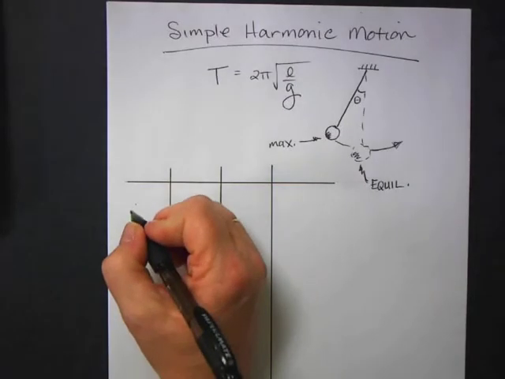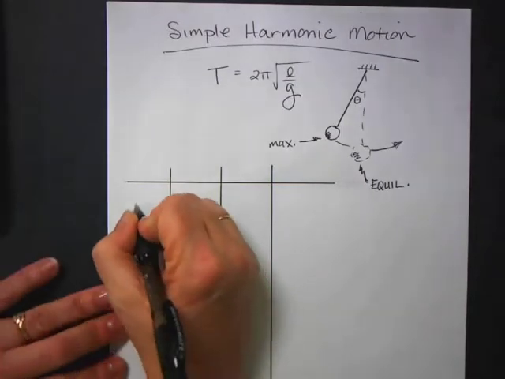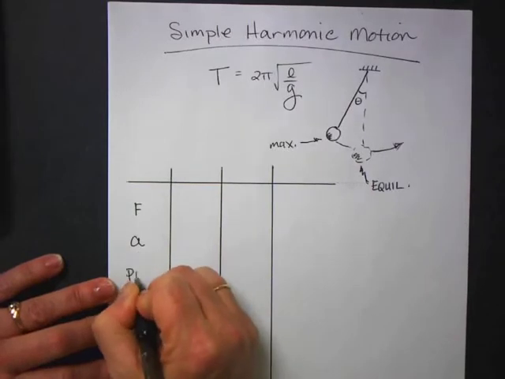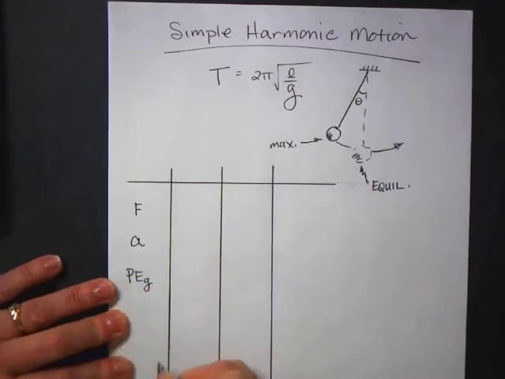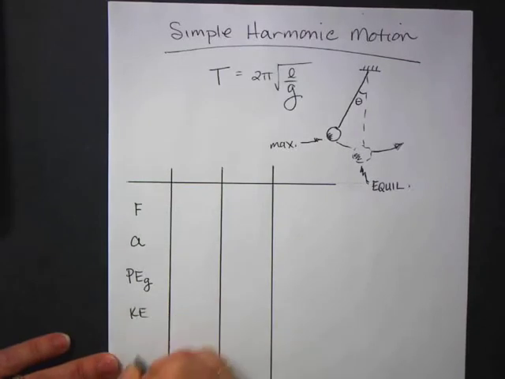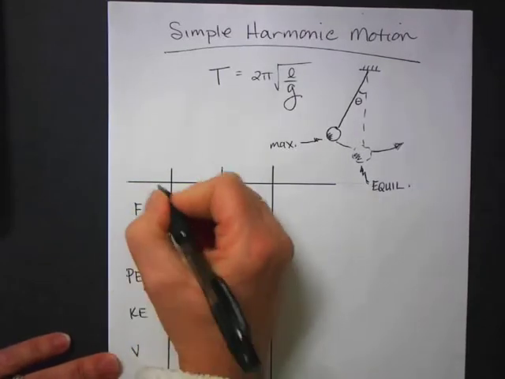So the 5 quantities that we're going to be analyzing, same ones: force, acceleration, potential energy, this time it's due to gravity instead of elastic potential, kinetic energy, and velocity.